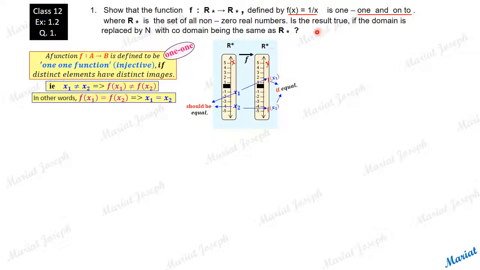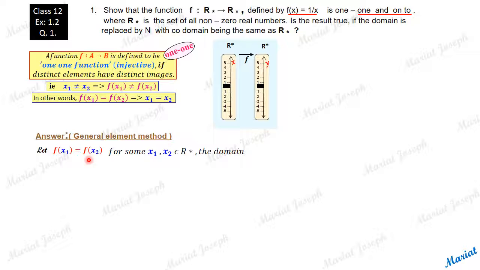Here in this question, let us check. Let us begin with two images which are equal, if possible. Let there be two images f of x1 and f of x2 equal for some x1 and x2 of the domain. That means f of x1 is 1 by x1, f of x2 is 1 upon x2.